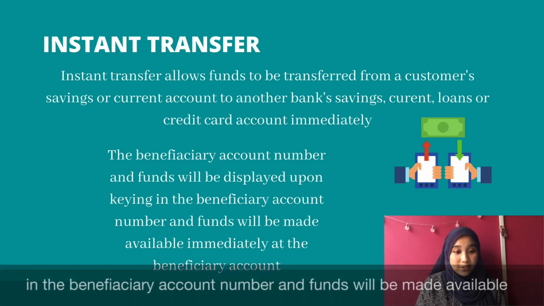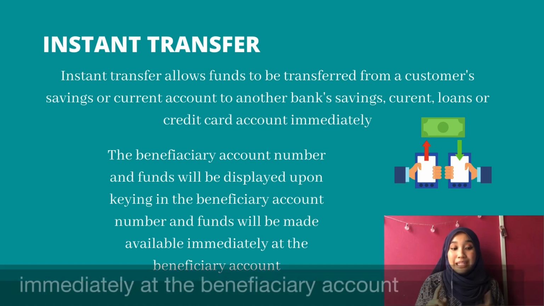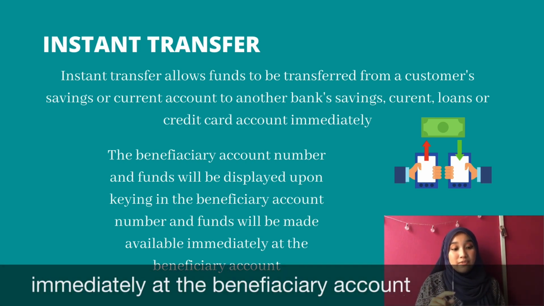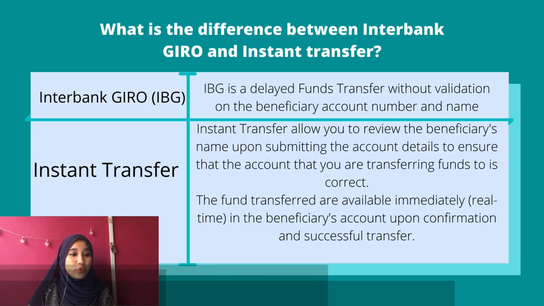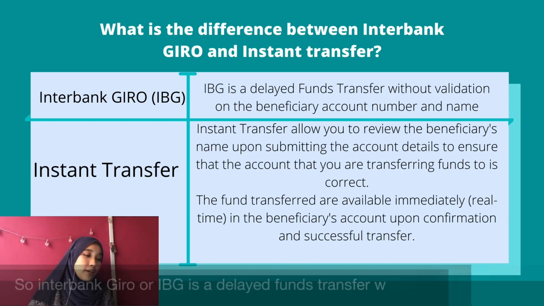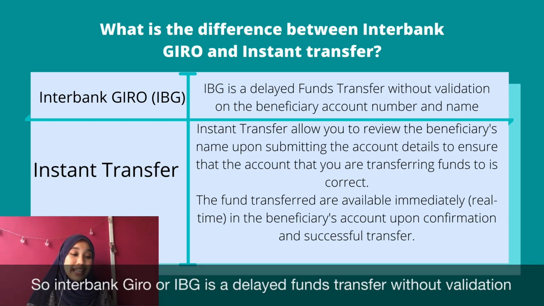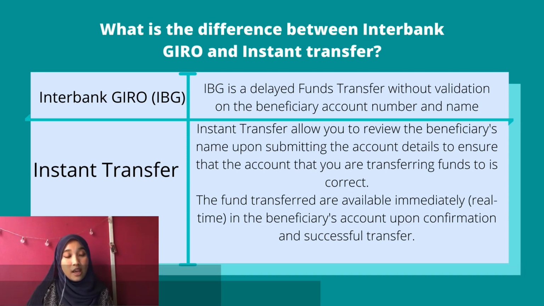Upon keying the beneficiary account number, the fund will be made available immediately at the beneficiary account. Now I'm going to tell you guys the difference between interbank giro and instant transfer. Interbank giro, or IBG, is a delayed fund transfer without validation of the beneficiary account number and name.